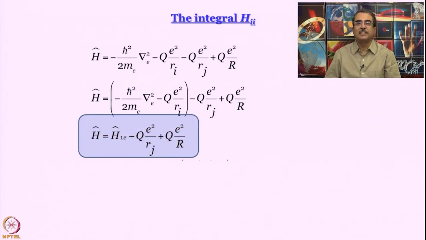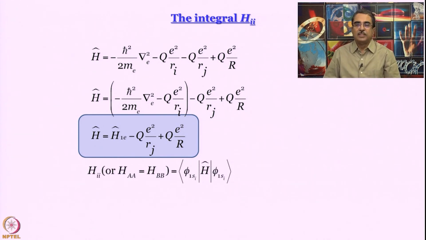So we are going to write it as H hat 1 electron. So now our Hamiltonian H hat is equal to a 1 electron Hamiltonian minus q e square by rj plus q e square by capital R, and remember, by Born-Oppenheimer approximation this last term is essentially a constant. Okay. So this is what it is.